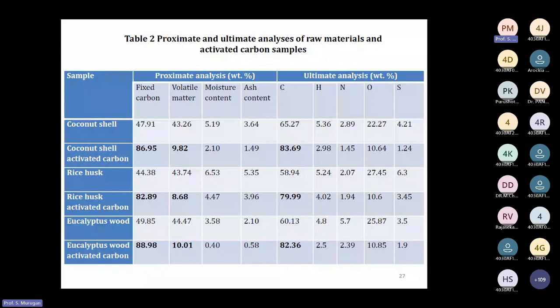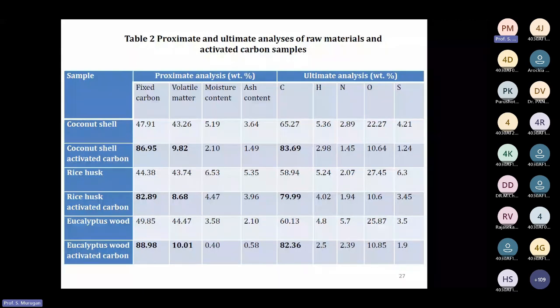Ultimate analysis gives an in-depth idea of the percentage of carbon, hydrogen, nitrogen, oxygen, and others present, normally sulfur, of course, sulfur or other compounds which are present in the substance. Here we take activated carbon.